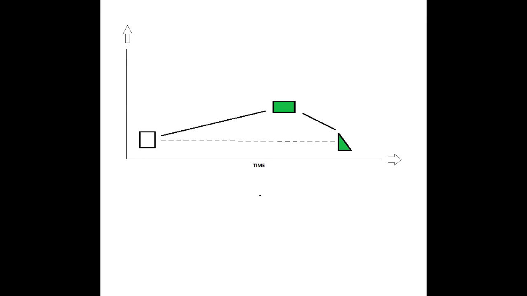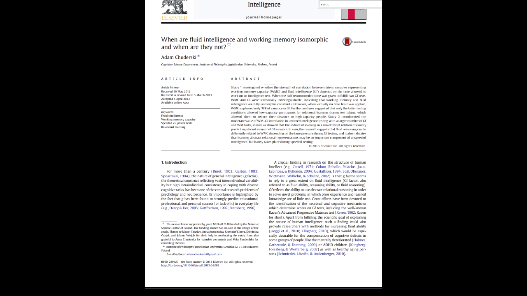But even for fluid reasoning, with no time limits, it seems that there's basically a relevance of associative memory and relational learning. So they contribute to fluid intelligence under untimed conditions.